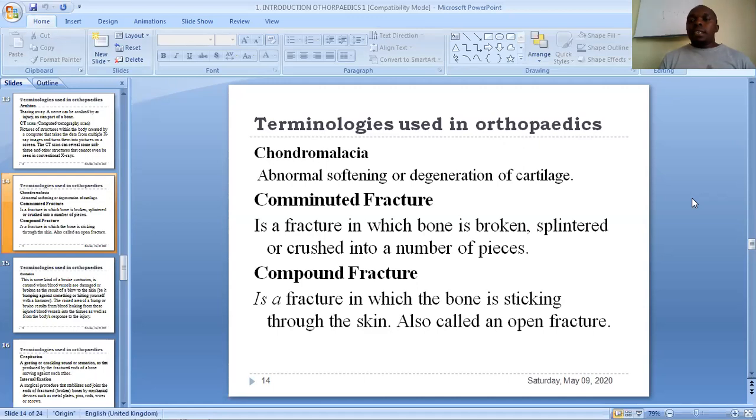This is a fracture where there is communication between the external environment and the fractured bone. But if you find that there is no communication between the external environment and the fractured bone, that would be known as a closed fracture.